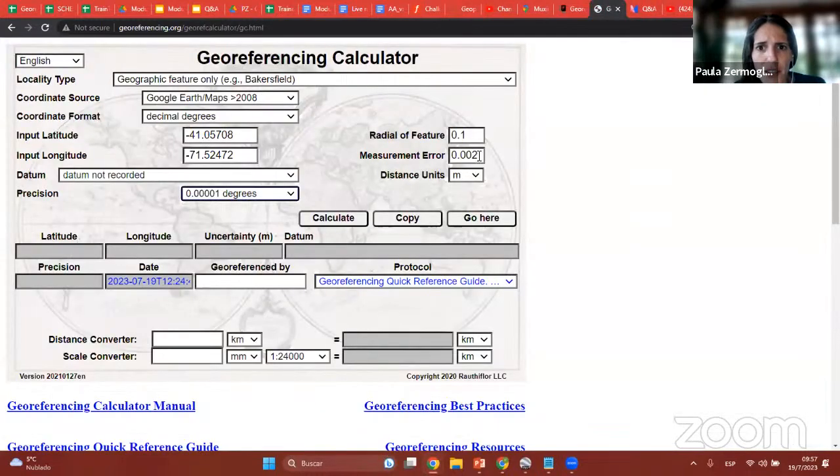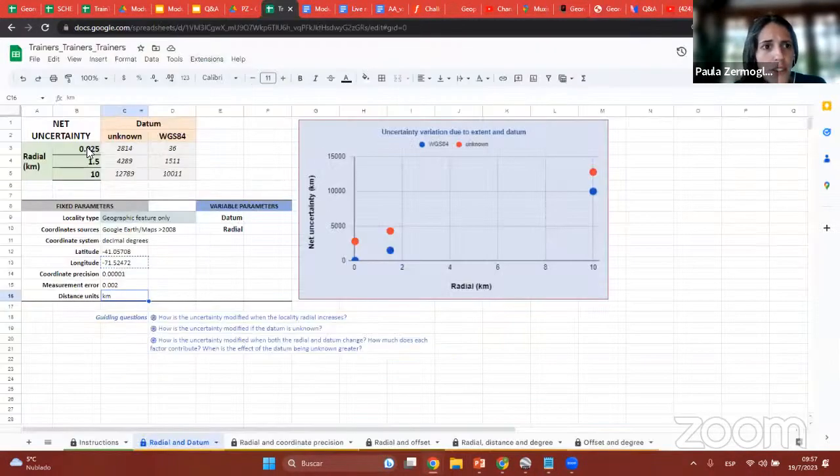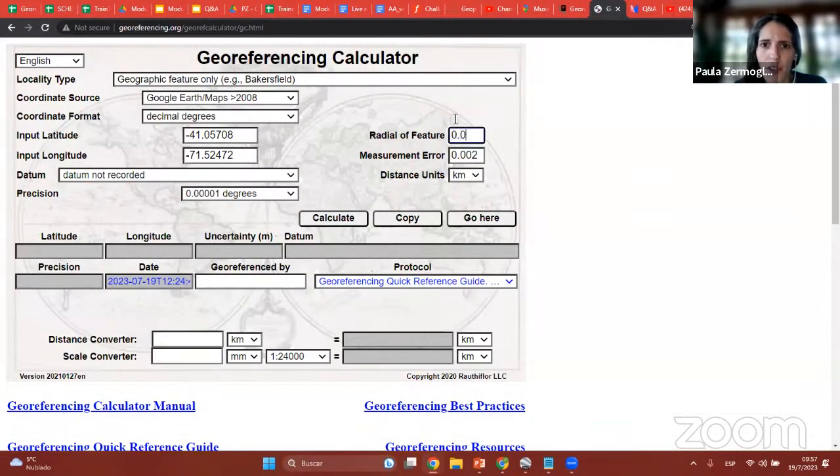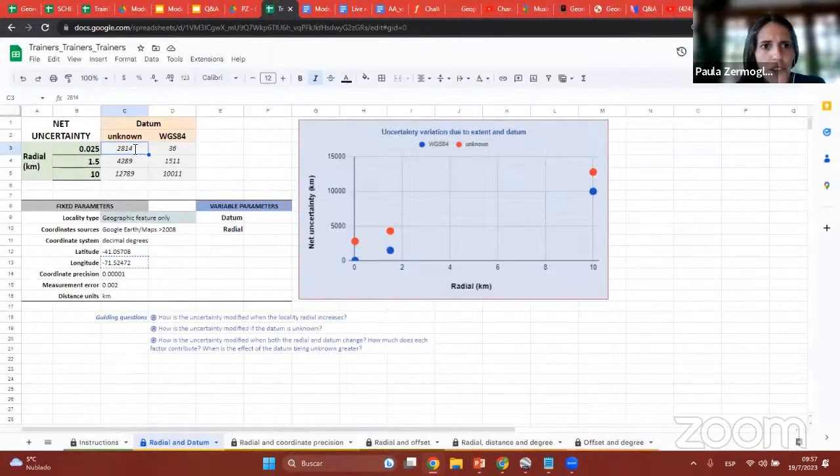I'm going to put that 0.002. This is in kilometers. And the radial was one of the parameters that we had to explore. So I'm going to use this radial to get this value. So it's 0.025. So those were all the things that we needed for the first calculation. We calculate and we get this uncertainty. This is the uncertainty that I recorded here.